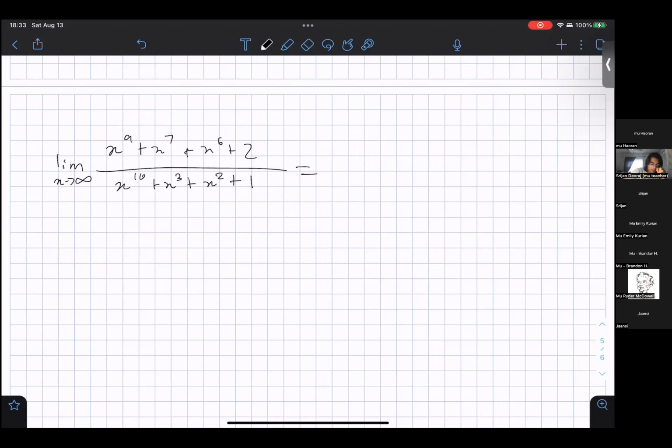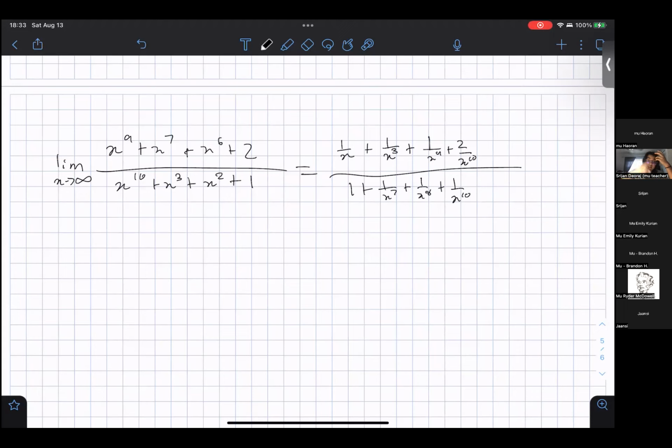So here the highest power of x is x to the 10th, and divide all the values by x to the 10th on the top and bottom. So what you get is 1 over x plus 1 over x cubed plus 1 over x to the 4th plus 2 over x to the 10th, all over 1 plus 1 over x to the 7th plus 1 over x to the 8th plus 1 over x to the 10th.